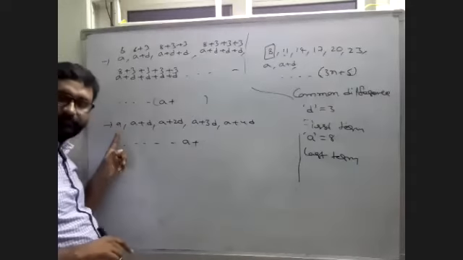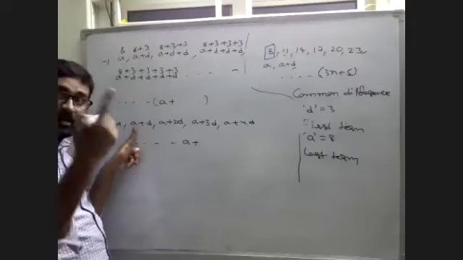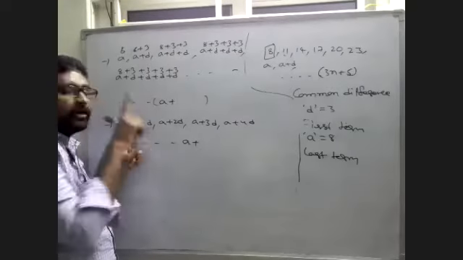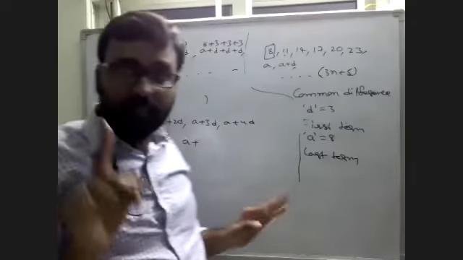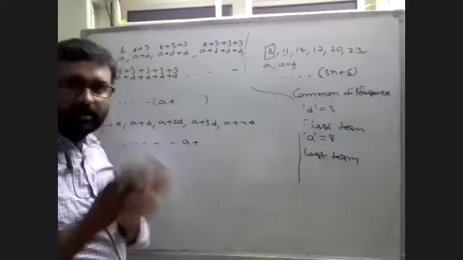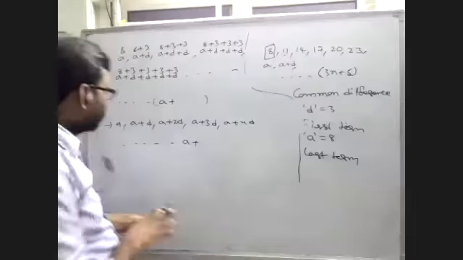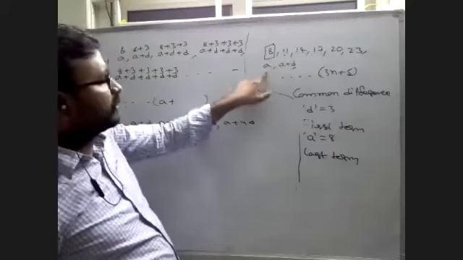For the first term, A. For the second term, you have 1D. Remember this. For the first term, there is no D. For the second term, there is one D. Why? Because the first term is just the number.